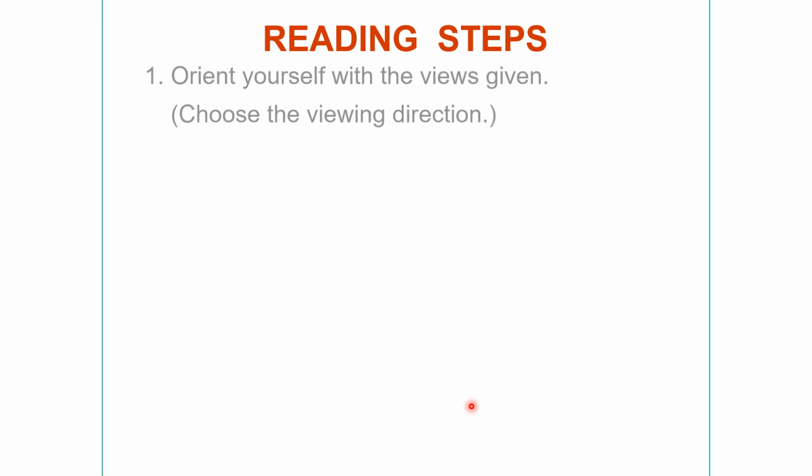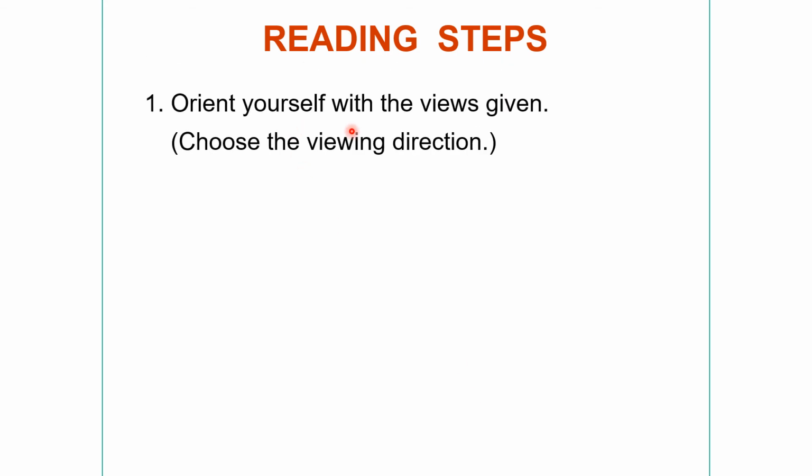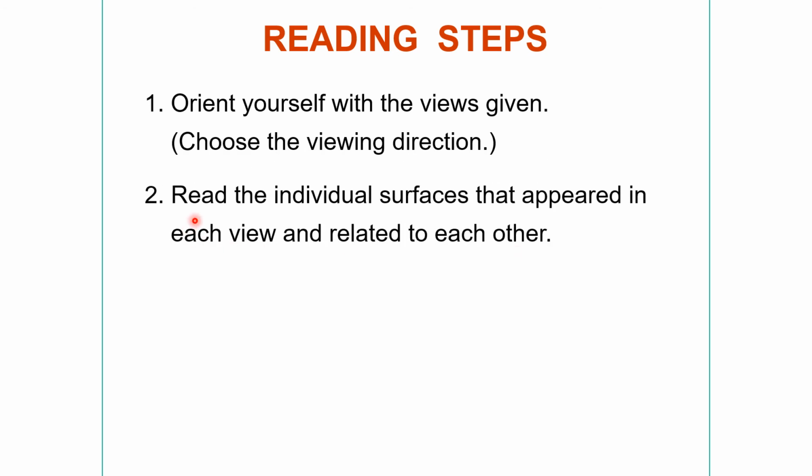Here are the reading steps. Orient yourself with the given views: first of all understand the top view, front view, and right side view. Read the individual surfaces that appear in each view and relate them to each other. Like the view you are seeing in the top view, then understand what things are present in the right side view, like hidden features, and other surfaces present in one view appearing in another view.